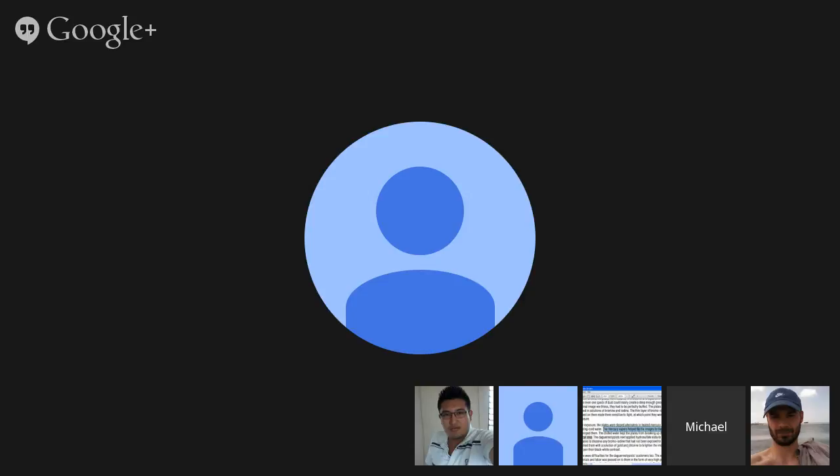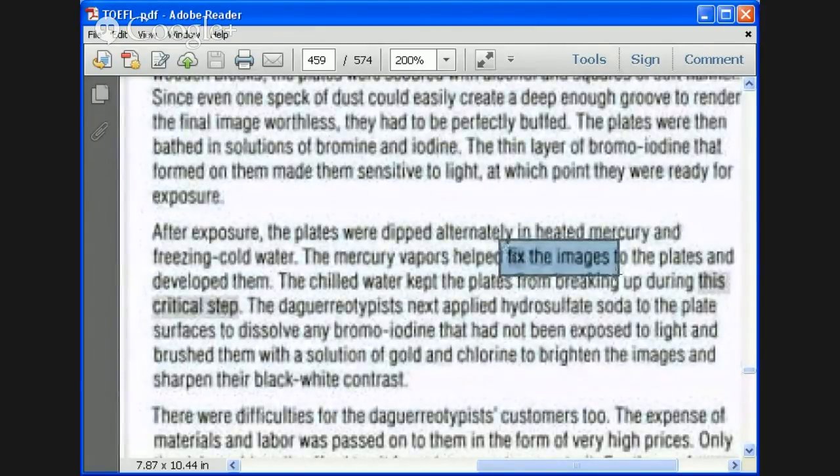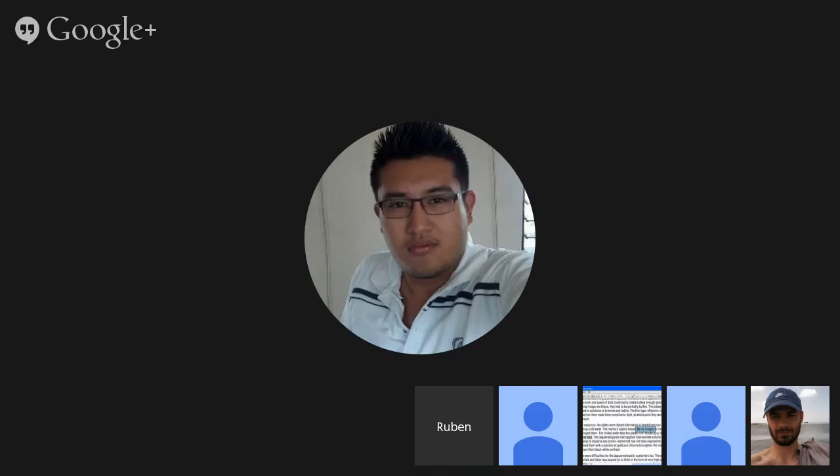Repair. Repair? Ooh. Yep. Ooh. We skipped a question. Fix the images. Actually. All right, I'm going to give it to you because you might know this already if we had not skipped the question.